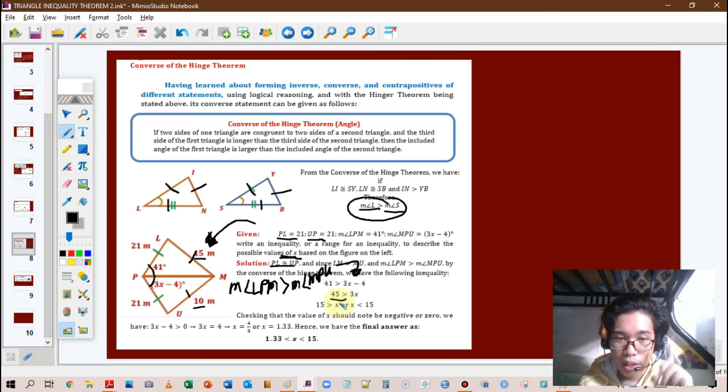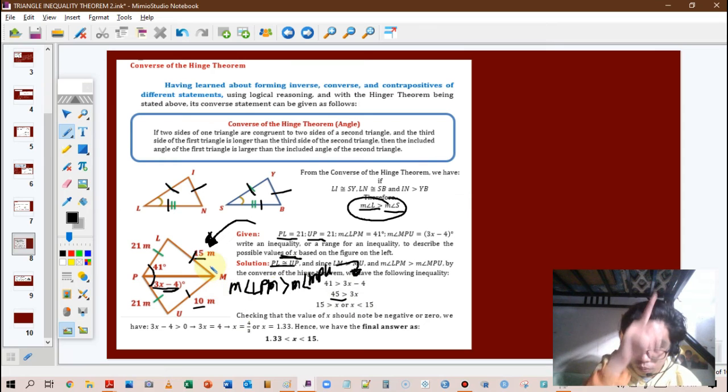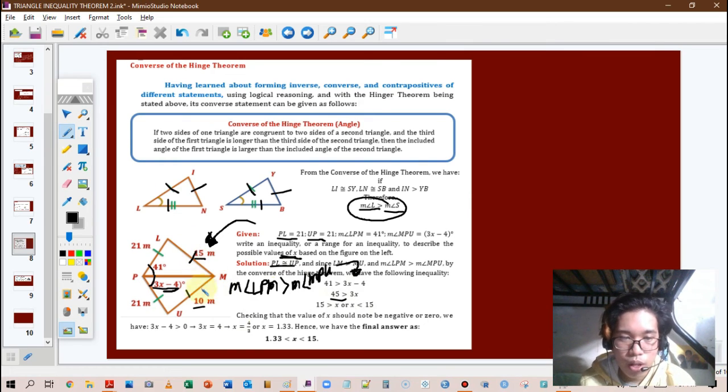And to make sure that our values are not equal to 0, for the 3x minus 4 here, we have to create an inequality that makes it greater than 0. So 3x minus 4 is greater than 0, and 3x is greater than 4.